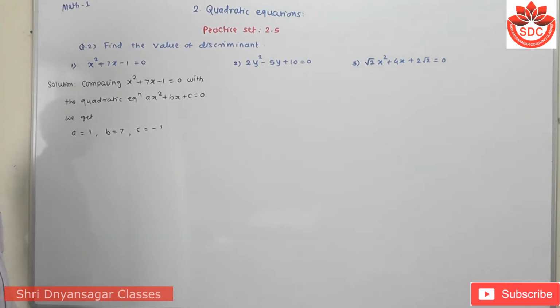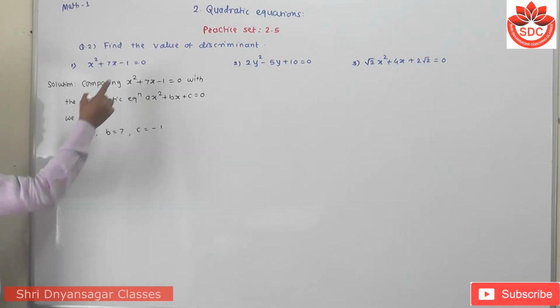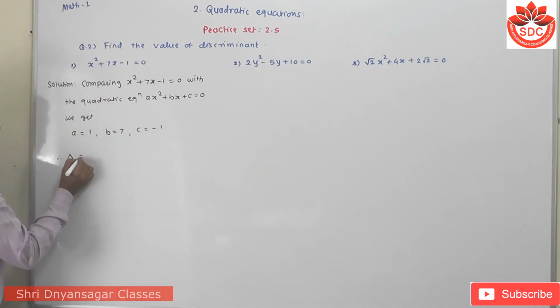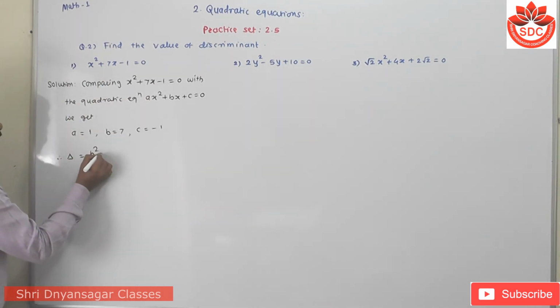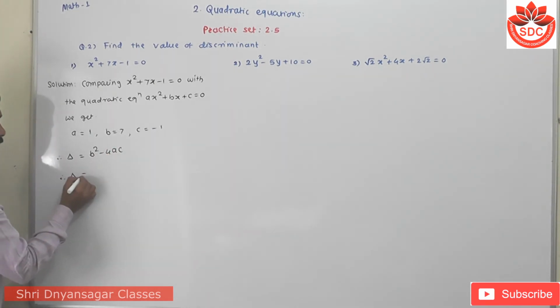We have to find the value of the discriminant, which is denoted by delta. Delta is equals to b square minus 4ac.